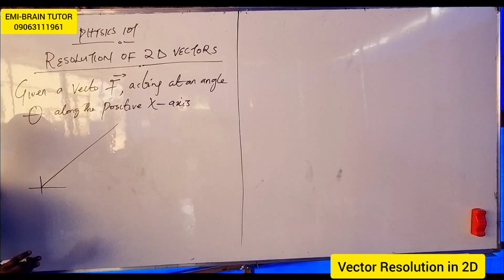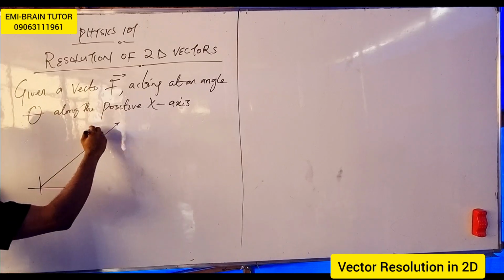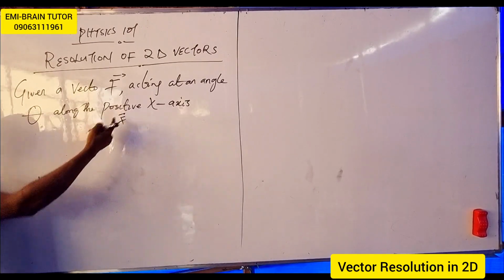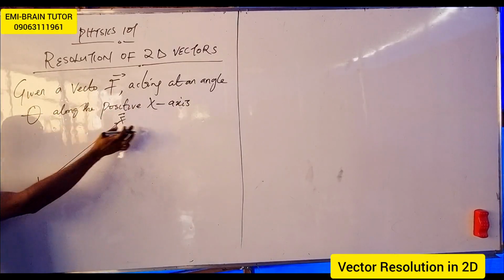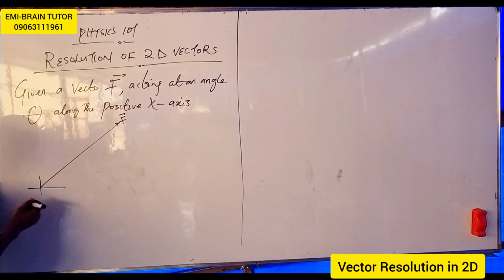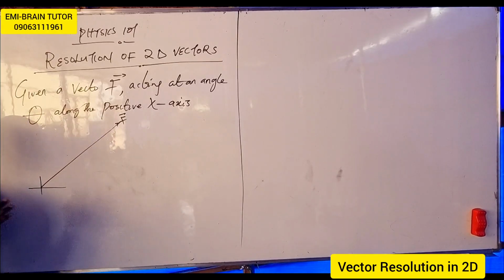Please pay attention. If I have a single vector F acting at an angle theta along the positive x-axis, the vector F is along this line, but this vector can be resolved into two components.